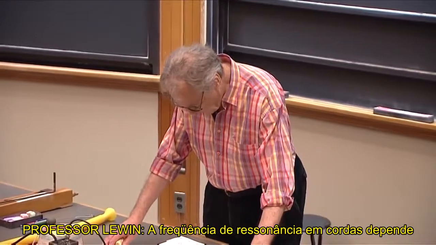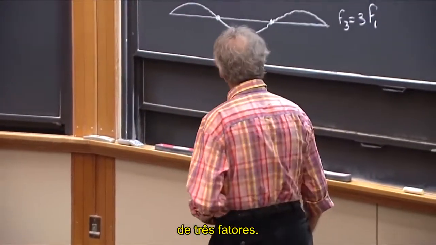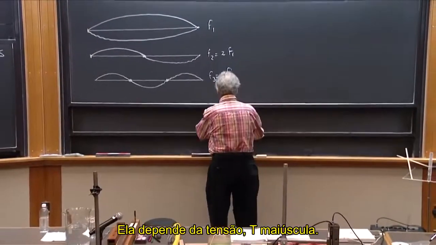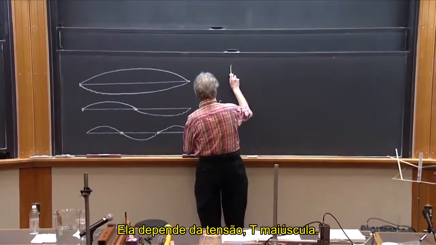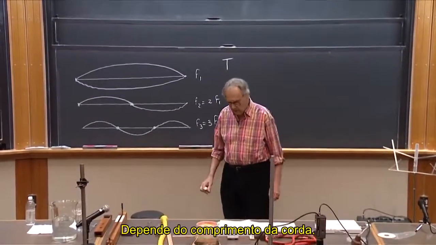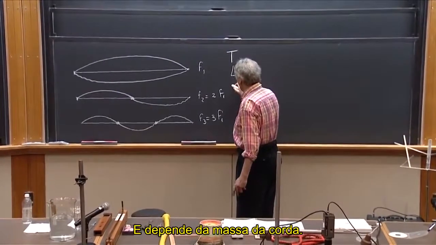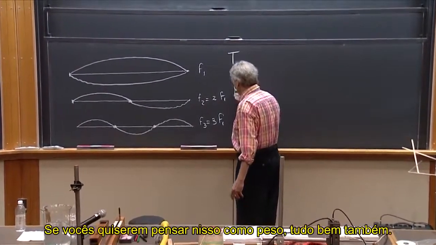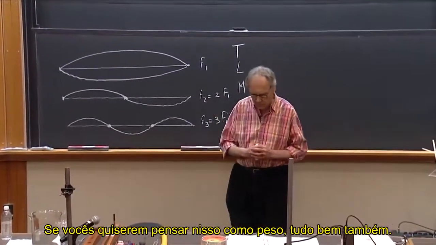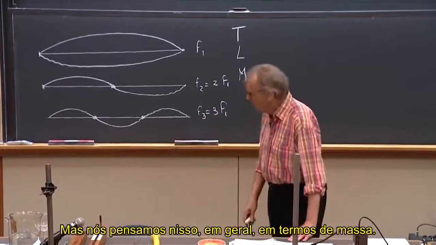The resonance frequency in strings depends on three factors. It depends on the tension, capital T, has nothing to do with time, it's the tension. It depends on the length of the string, and it depends on the mass of the string. If you want to think of this as weight, that's fine too, but we think of it in general in terms of mass.